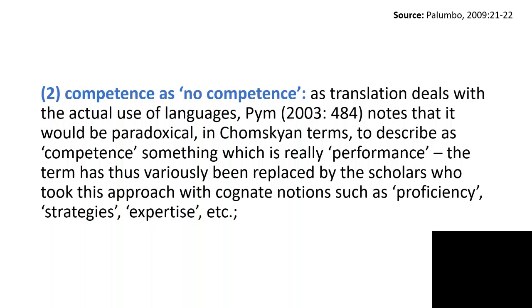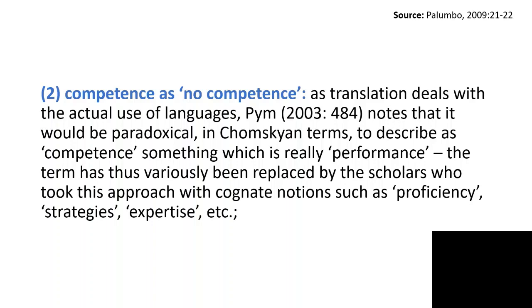When it comes to describing competence, are we really talking about competence or skills? Or are we talking about performance, something that you do to a certain level of proficiency?